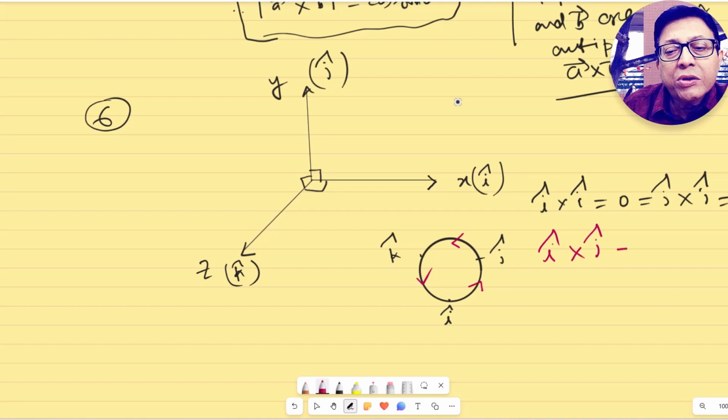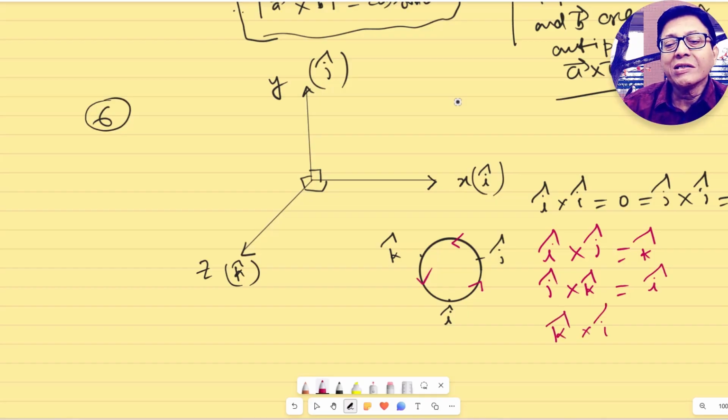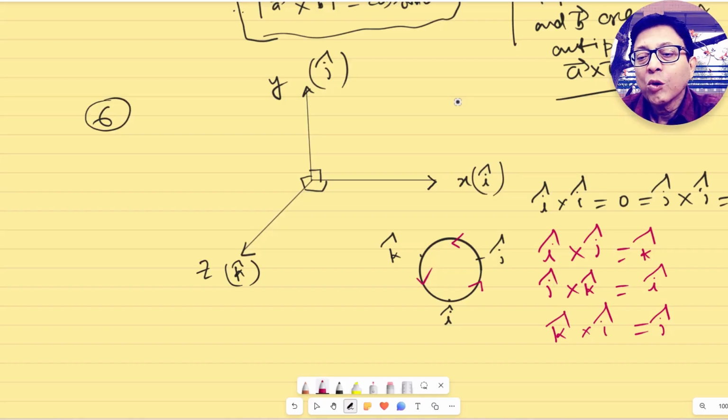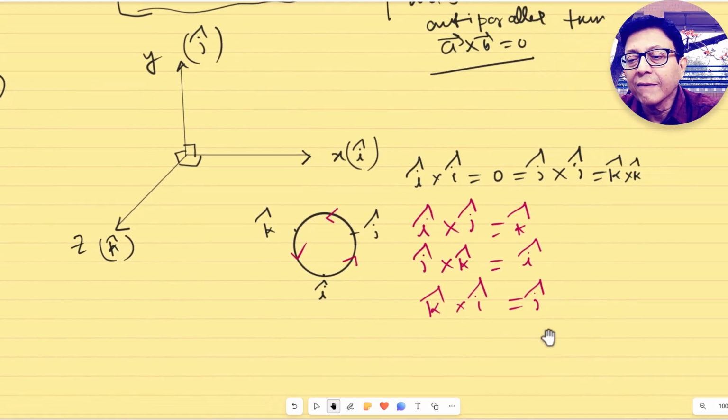Now, what about I cross J, J cross K, and I cross K? If you take the cross product between two dissimilar vectors, clockwise or anti-clockwise doesn't matter, but the sense I have shown is I to J, J to K and K to I. If you curl the fingers of the right hand from I to J, it will be along the K axis.